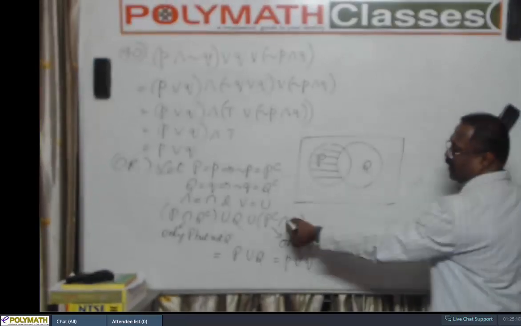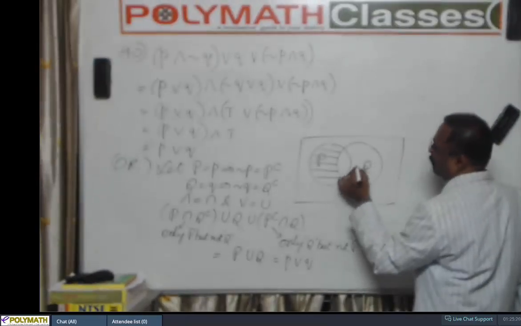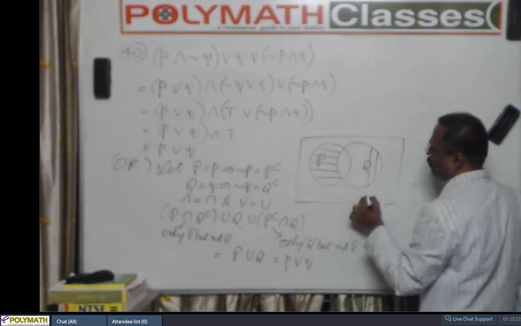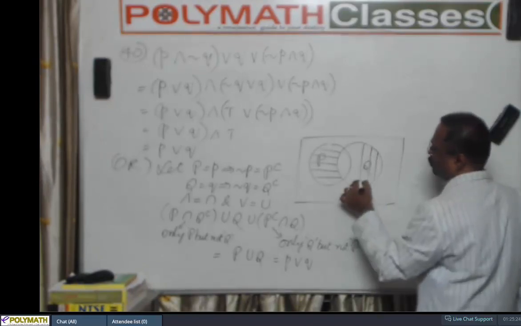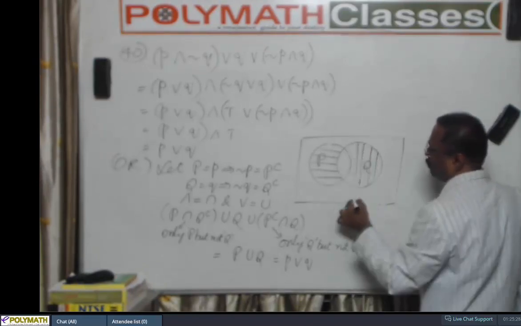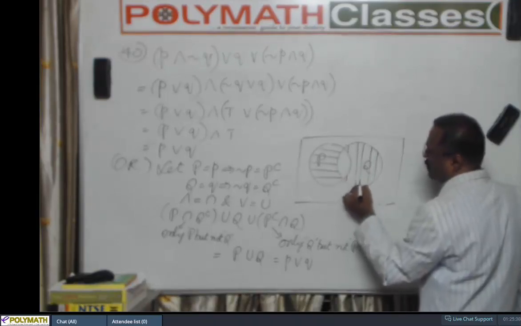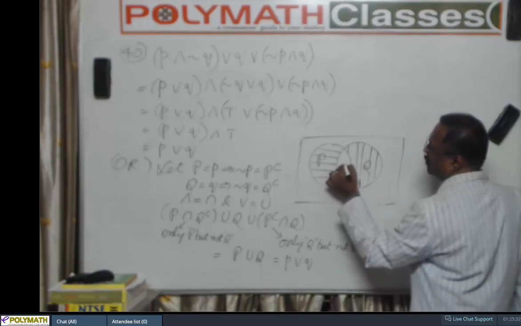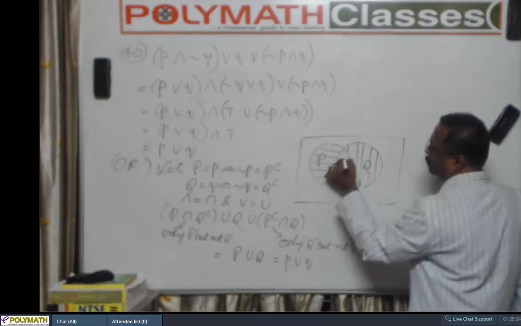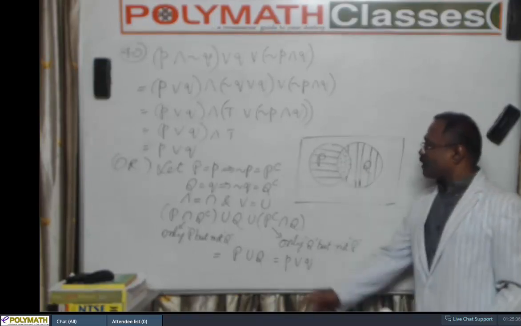And the last part is only Q but not P. Vertical lines. Which is missing in this case? This part is missing in this case. But in between, what is not given?